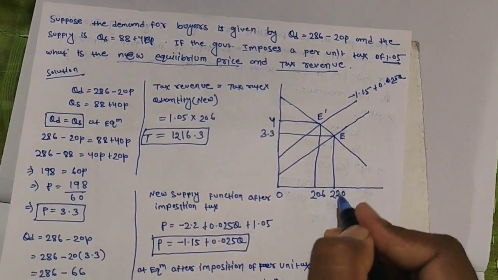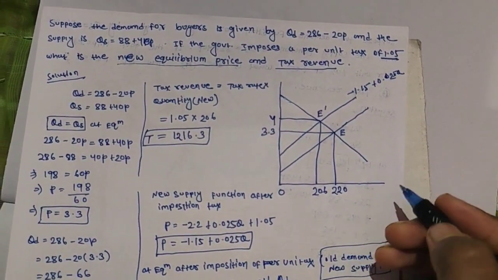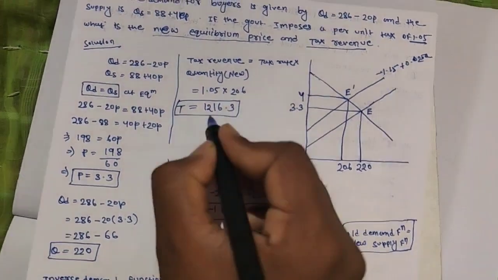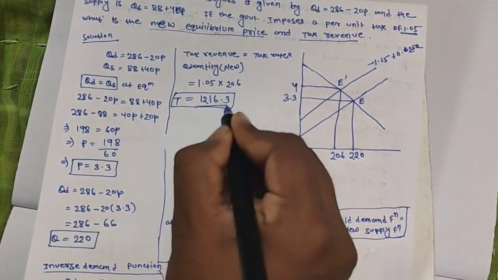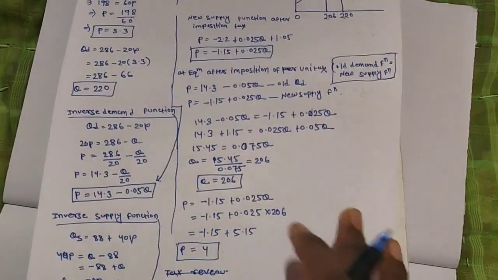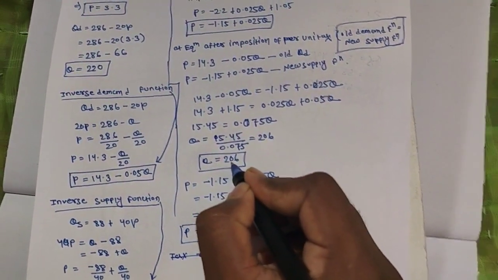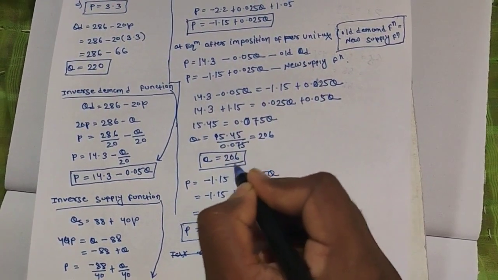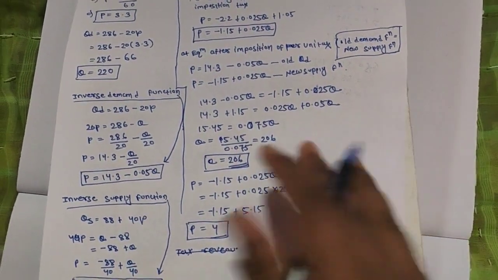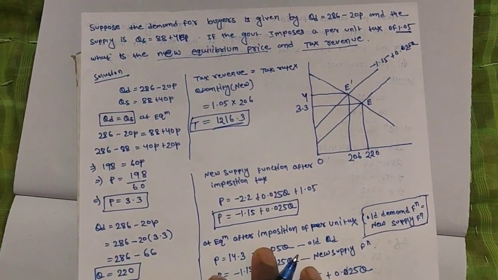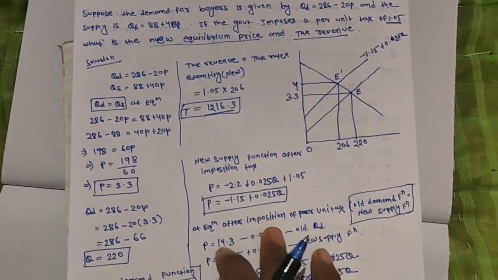Now the quantity has been reduced, so the tax revenue of the government is 216.3, and the new equilibrium price after the imposition of tax is 4, and the new equilibrium quantity is 206. So I think this will clear the doubt. If any doubt, please comment. Thank you.